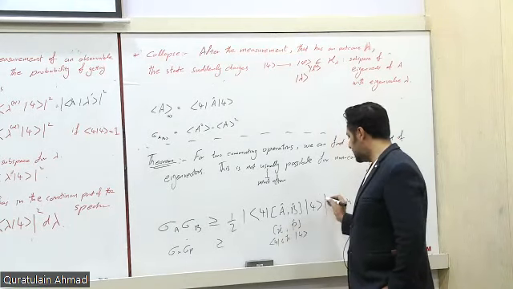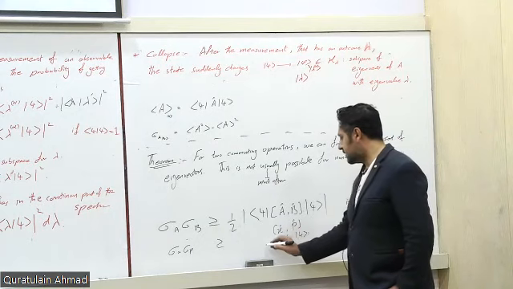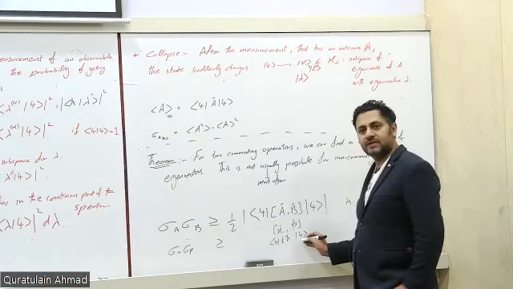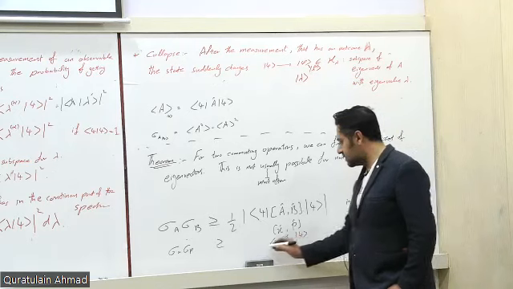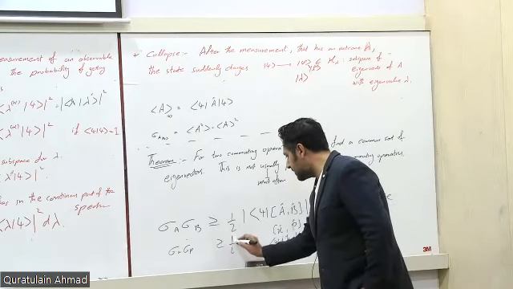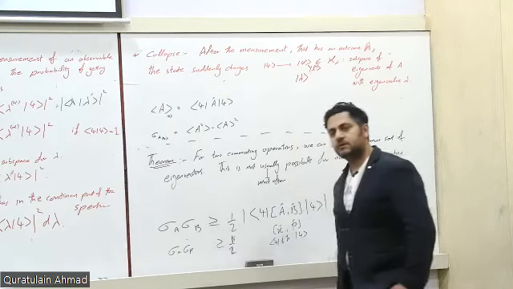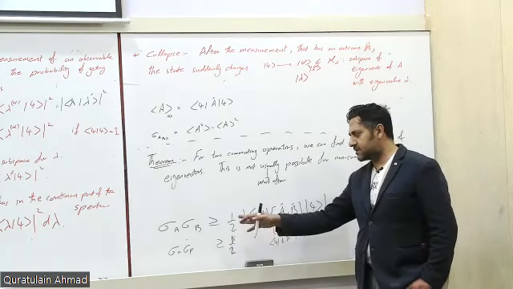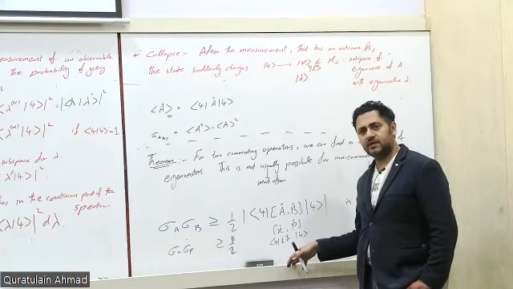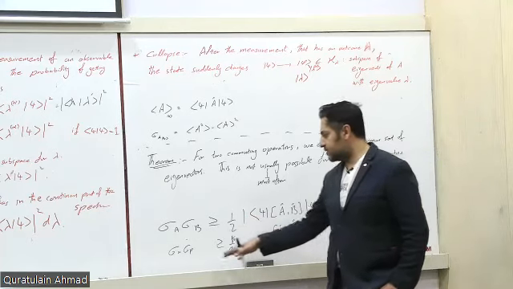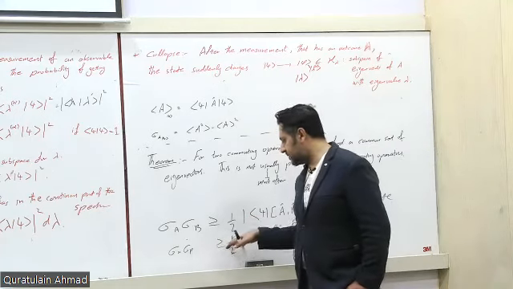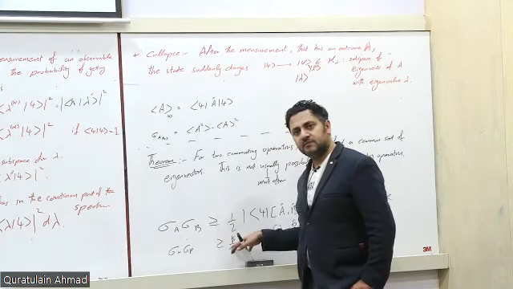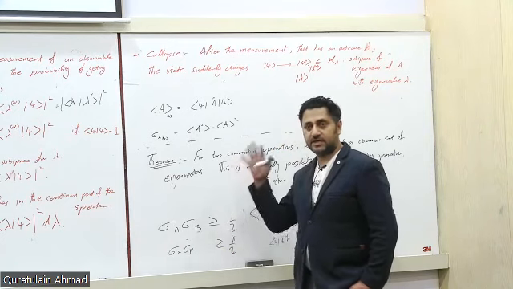So the i in this mod goes away and psi is normalized. So that gives you a 1. So this is just h bar by 2. In general, it won't be a number, it will depend on state. But in case of position and momenta, it has to be more than this. It's not saying that it will be exactly this, but minimum you can bring it to this, not less than this, but it could be even larger.